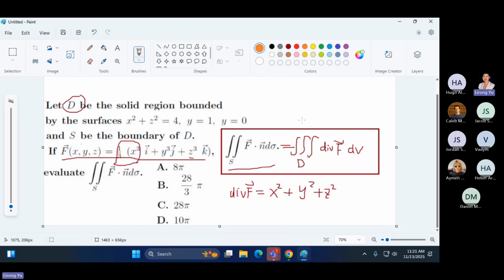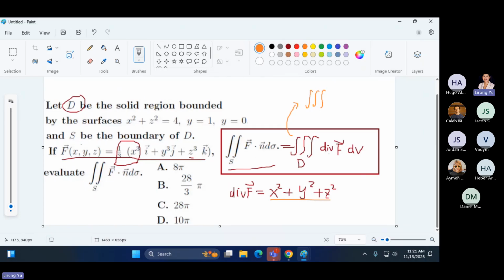Okay. So to apply the divergence theorem, we have to do a triple integral of this function, which is in a cylindrical coordinate system.